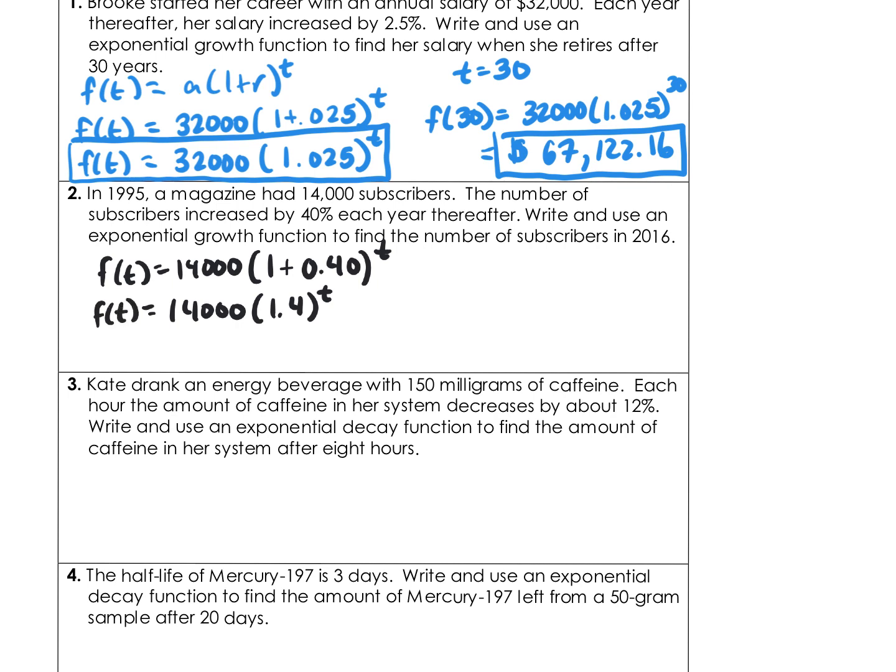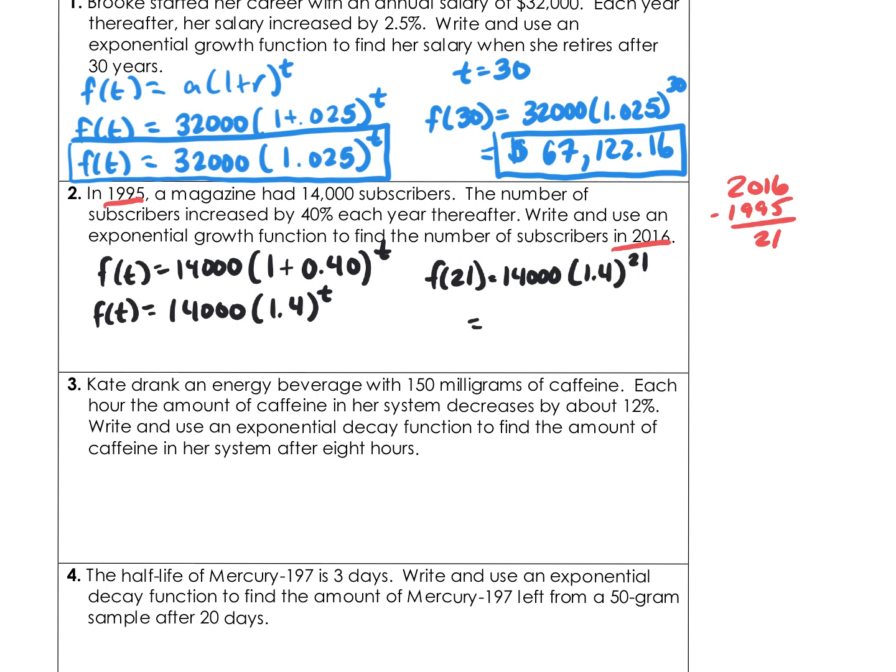Now we have to figure out what to plug in for t. It says that we start in 1995, and we want to know in 2016. The number of years between 2016 and 1995 is 21 years. So we wouldn't plug in 2016, we would plug in t of 21. To find this value, we ask, what is f of 21? Well, that's 14,000 times 1.4 to the 21.